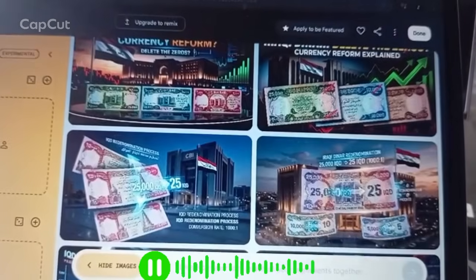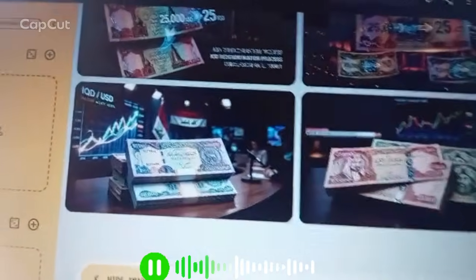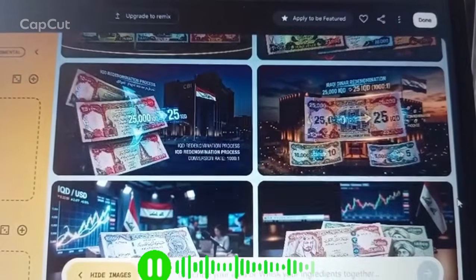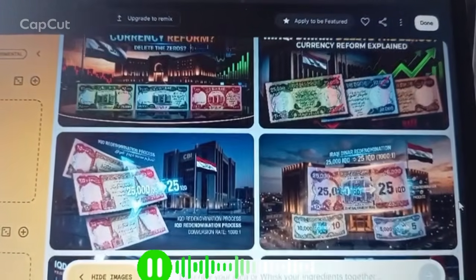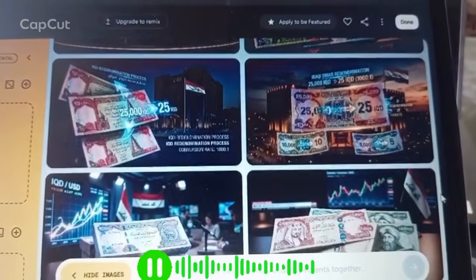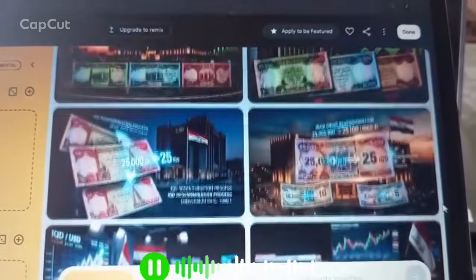A 25,000 dinar note becoming a 25 dinar note under a 1,000 to 1 conversion would represent a change in denomination, not automatically a thousand-fold increase in purchasing power. That distinction should remain at the center of the conversation.